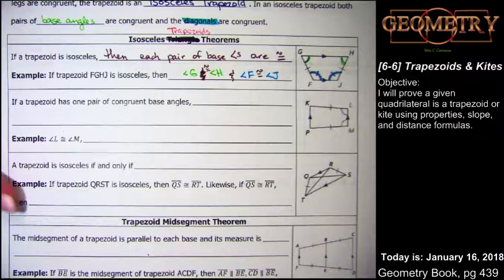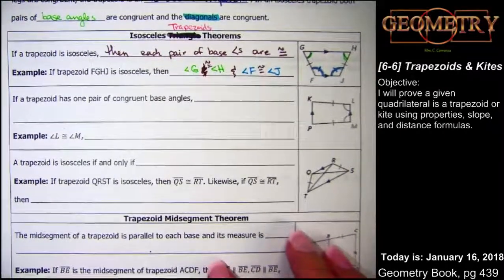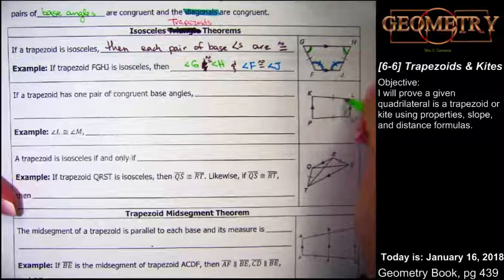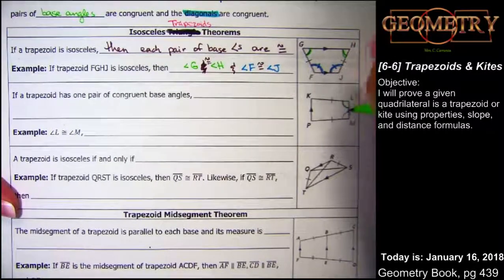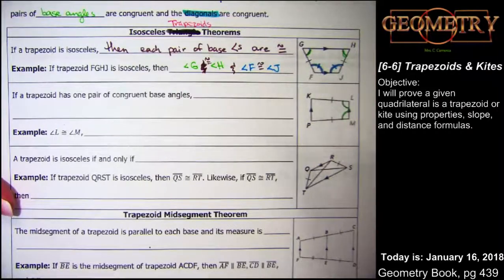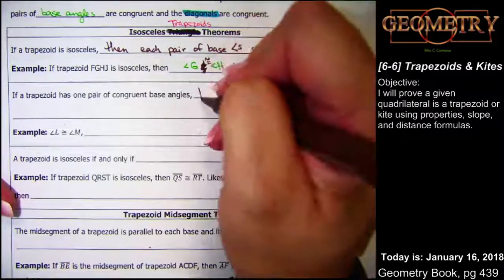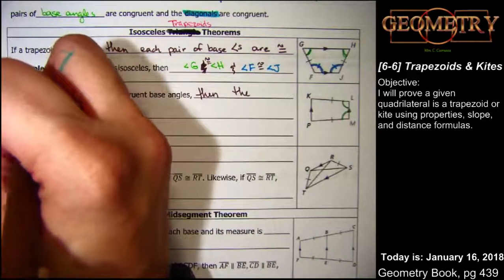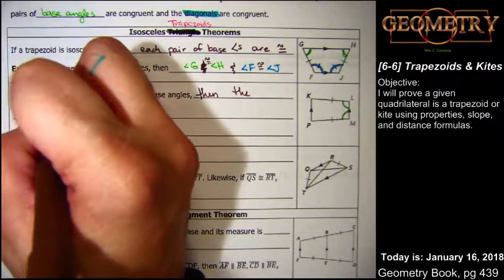If you're told, hey, this is a trapezoid, and you get told that you have one pair of congruent base angles, then you can say the trapezoid is isosceles.